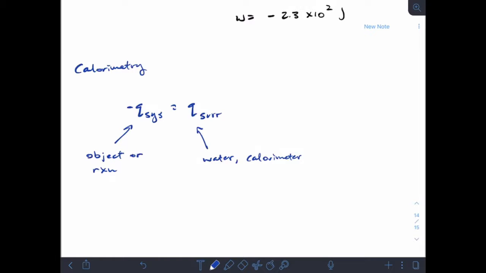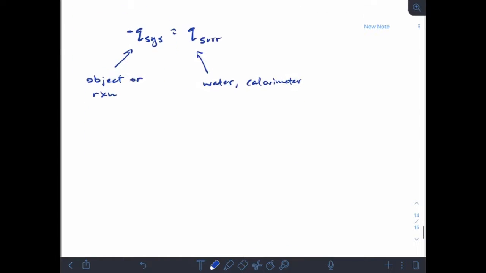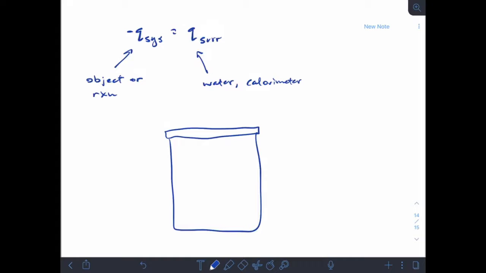Okay, so talking about constant volume calorimetry, typically what we'll have is some sort of container, and it'll be sealed. And we'll have a constant volume of water in here. And we'll have a thermometer that comes down through the lid so that everything's sealed.